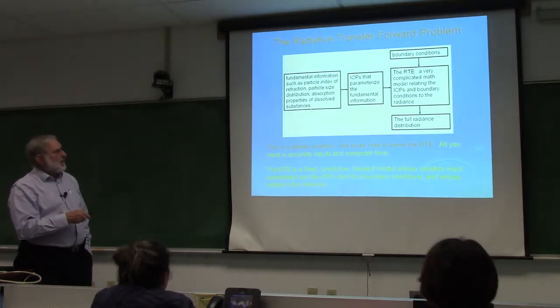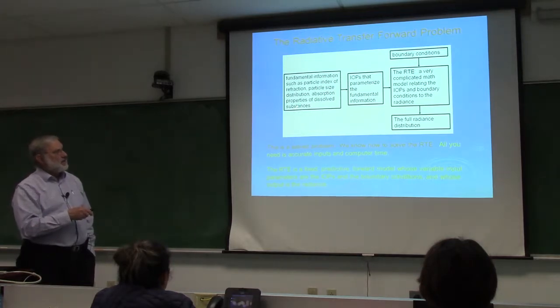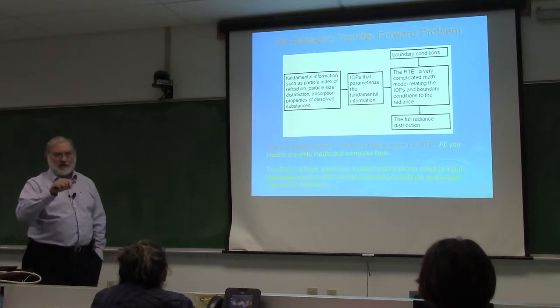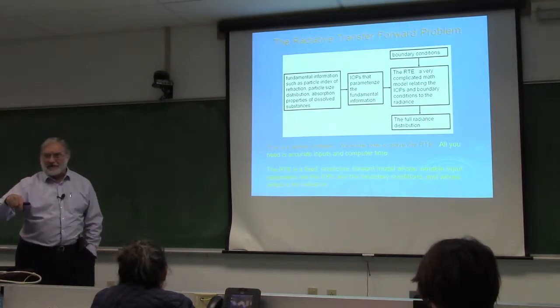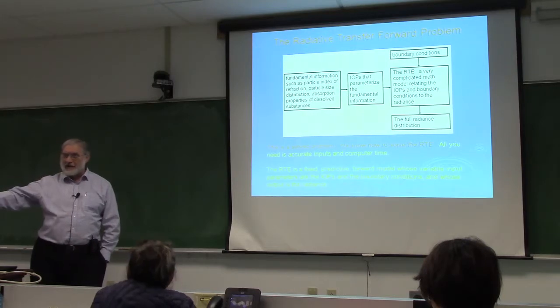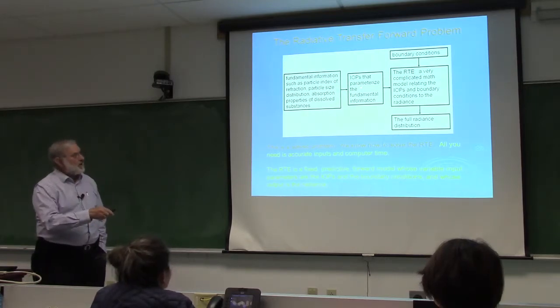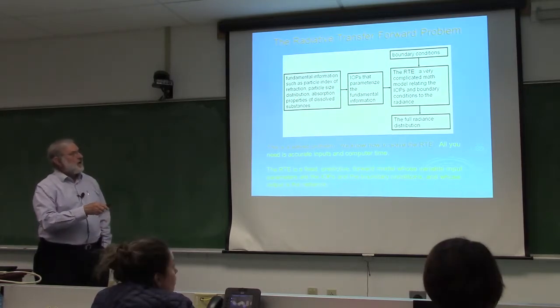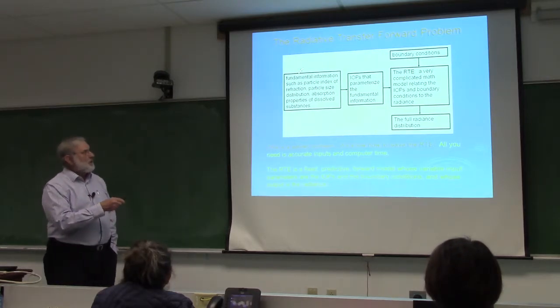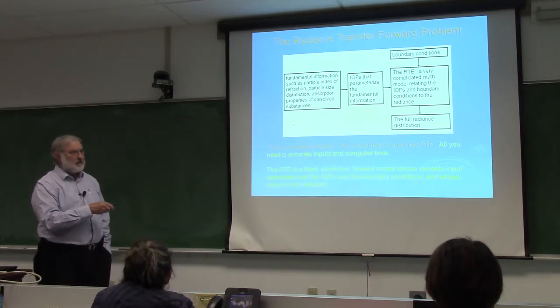So you take this very fundamental information, you parameterize it in the IOPs so that you have a scattering coefficient and a volume scattering function, and that's what's in the radiative transfer equation. And the volume scattering function does depend on size distribution, index of refraction, etc. But you don't have to deal with that level of detail.